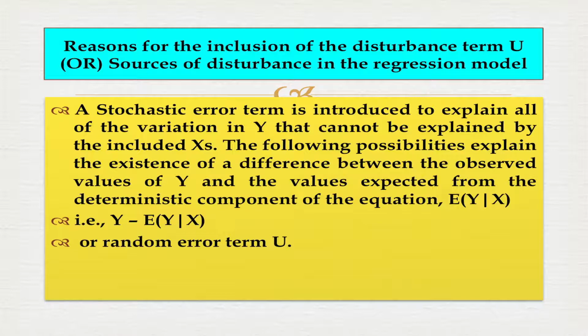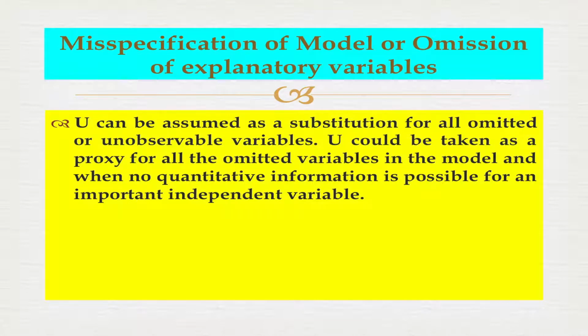that is, y minus the conditional expectation of y given x, or random error term u. So, u is included because of the misspecification possibilities. Misspecification of the model or omission of explanatory variables is one important cause for the inclusion of u.